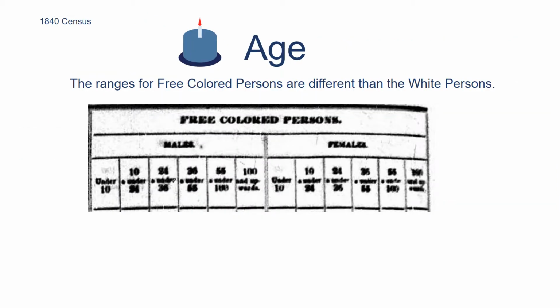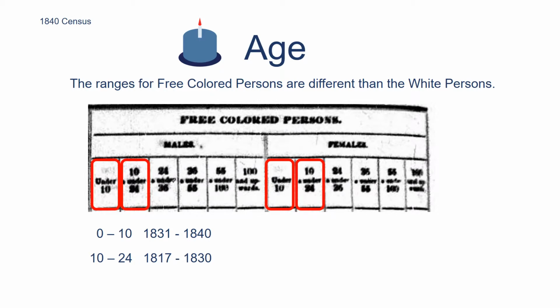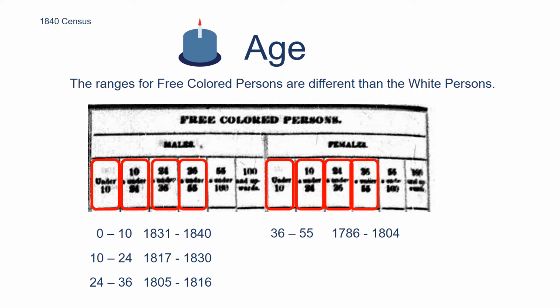The ranges for free colored persons are different than white persons. 0 to 10, born 1831 to 1840. 10 to 24, born 1817 to 1830. 24 to 36, born 1805 to 1816. 36 to 55, born 1786 to 1804. 55 to 100, born 1741 to 1785. 100 plus, they were born 1740 or earlier.